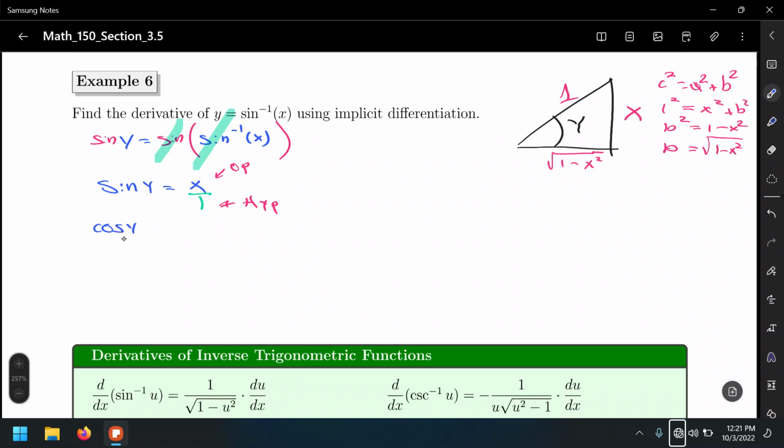No, you multiply by dy/dx, right? And what's the derivative of x? Just 1. Alright, let's solve for dy/dx. We get that by dividing both sides by cosine. dy/dx equals 1 over cosine. But using trigonometric identities, what's 1 over cosine?